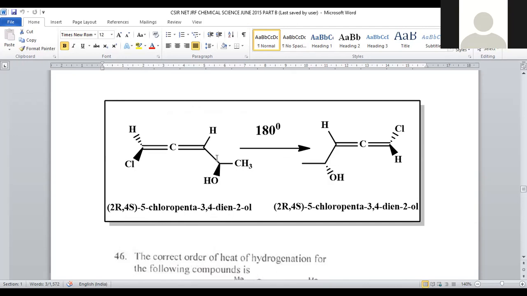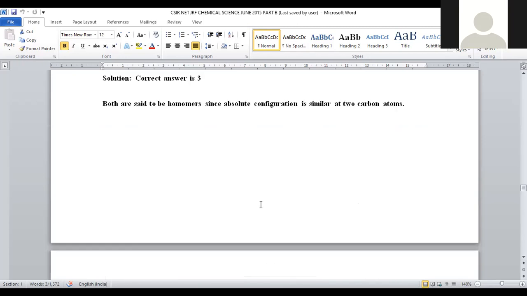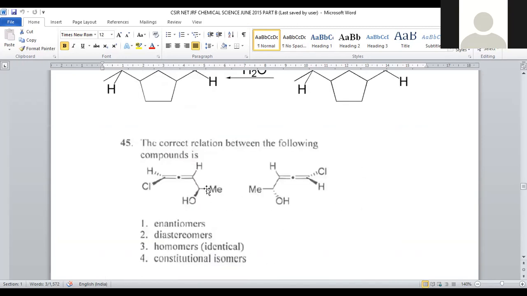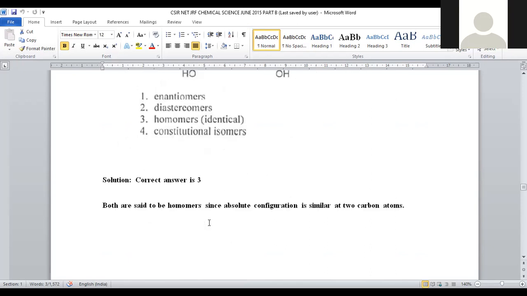The IUPAC name of this one is 5-chloropenta-3,4-diyn-2-ol, with 2R configuration. And after 180 degree rotation, whatever isomer is generated also has the same absolute configuration. This clearly implies that both isomers are homomers, identical in nature. For question number 45, option number 3 is the correct answer.